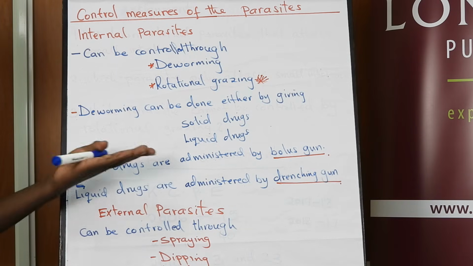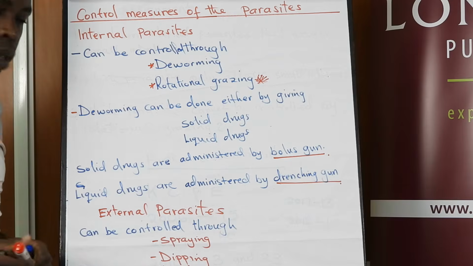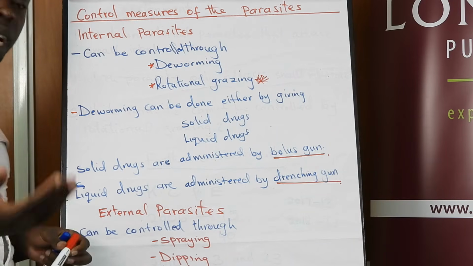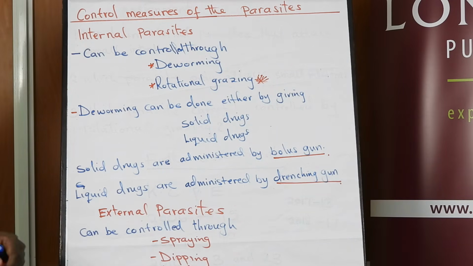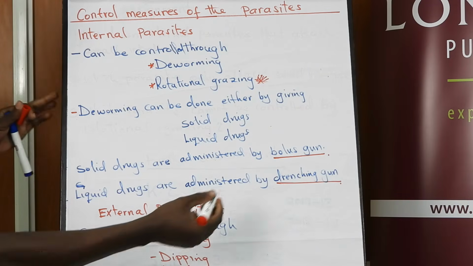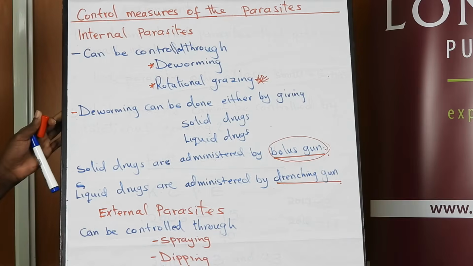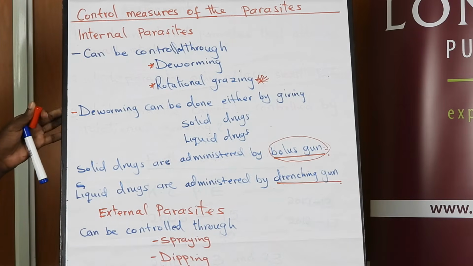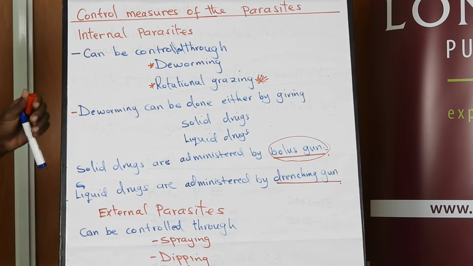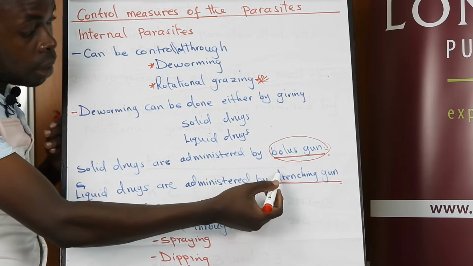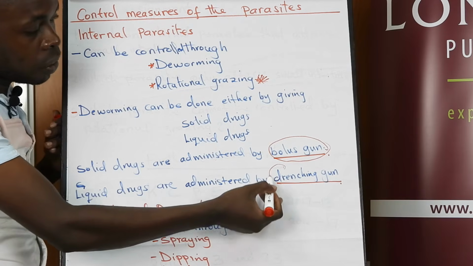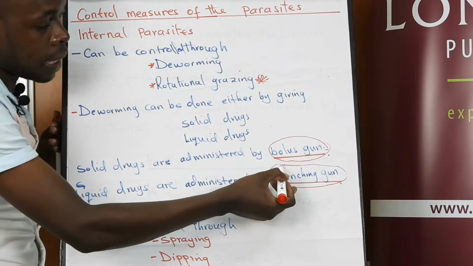Deworming can be done either by giving solid drugs or giving liquid drugs. But how do we administer solid drugs? We administer solid drugs by use of bolus gun. And how do we administer liquid drugs? We administer liquid drugs by using the drenching gun.